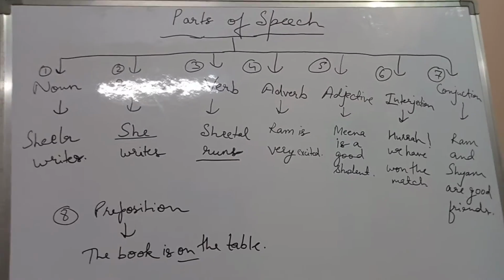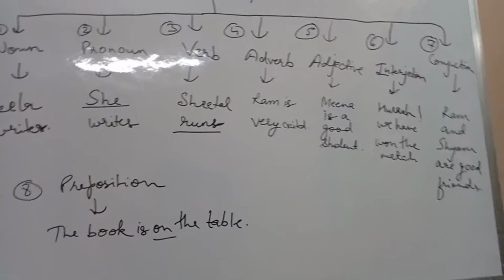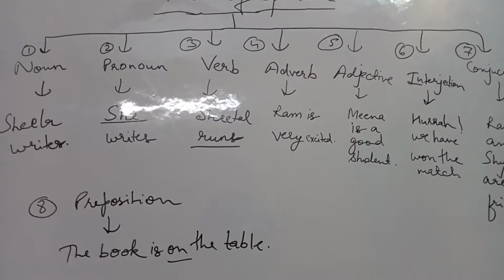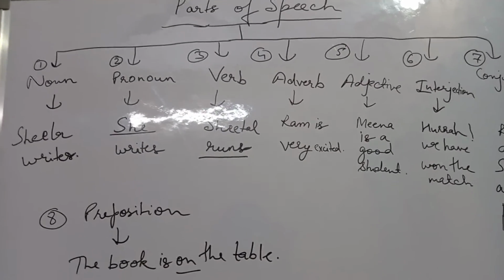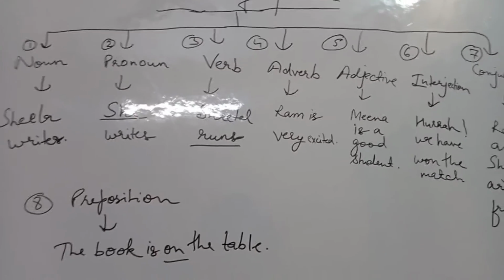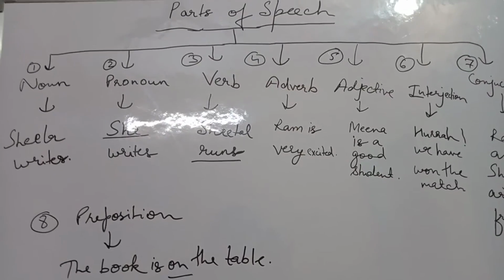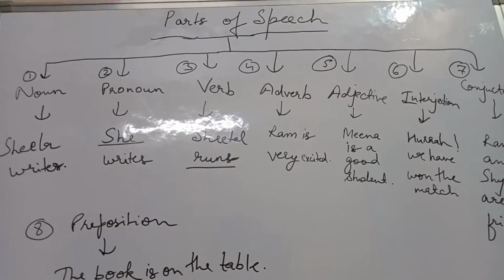So what kind of activity they are doing is basically considered in the term verb. It is basically answered by the question what. Sheetal does what? Sheetal does running. So Sheetal runs.